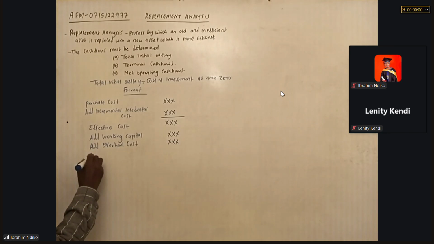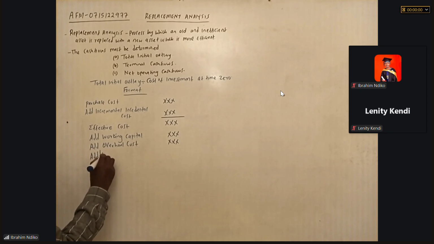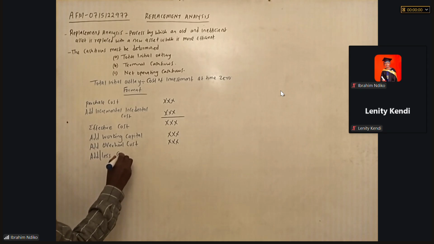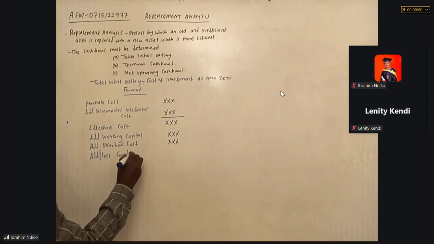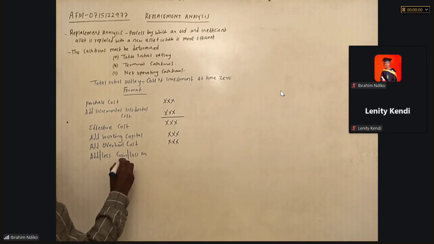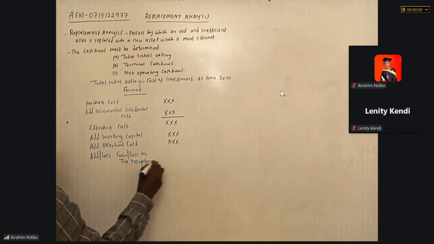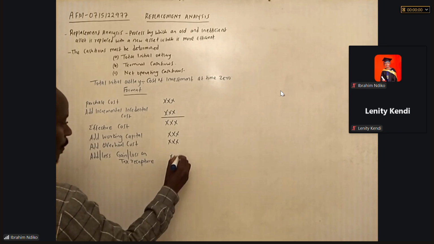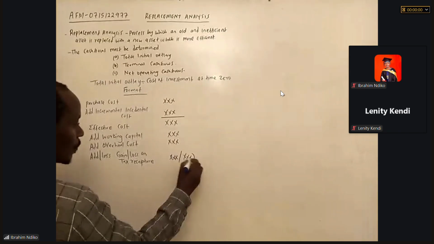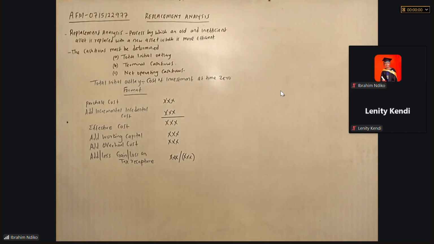Then we add or we less, this one depends, the gain or loss on tax recapture. So it can either be a gain or a loss. You either add a gain or you less a loss in tax recapture.